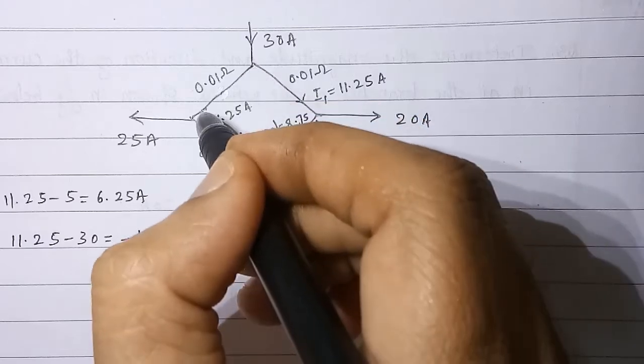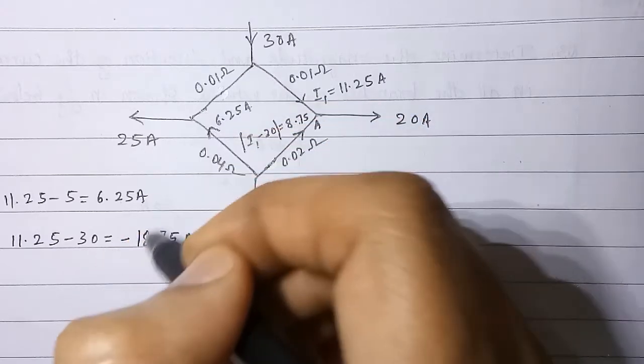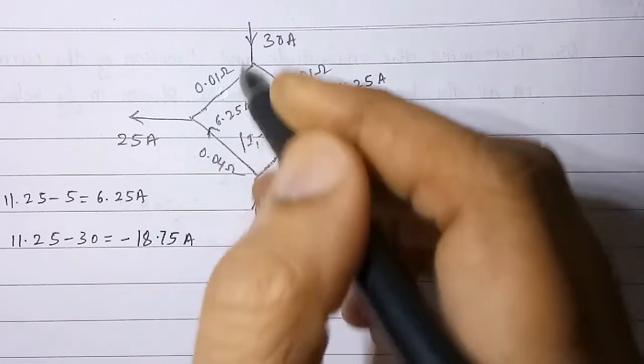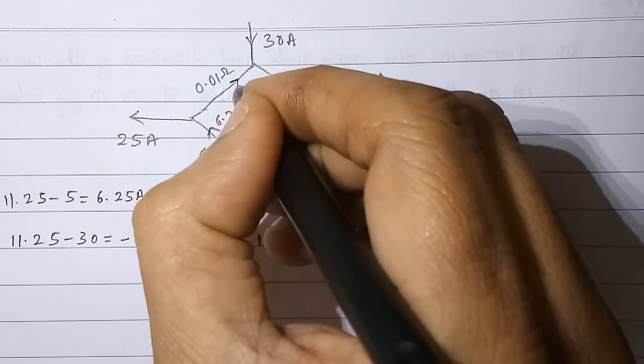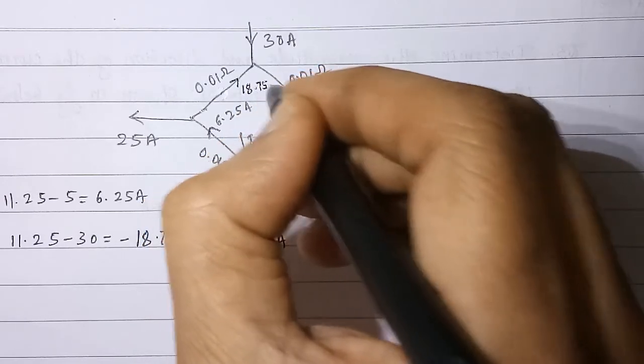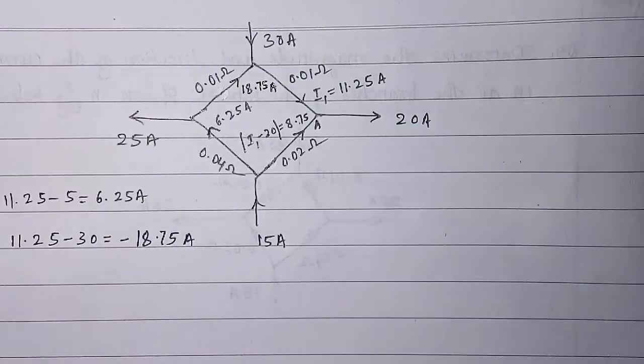So instead of showing the current in the downward direction with a negative sign, I will show the current in the upward direction with a positive sign. So here the current will be 18.75 ampere. So these are the various branch currents with their directions.